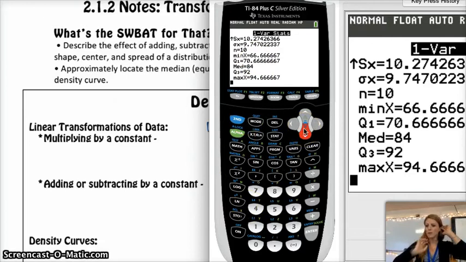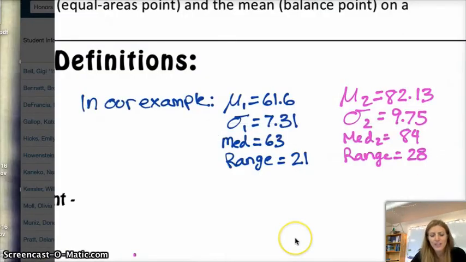So we want to look at how those numbers compare. I'm going to write those down so we can take a look at that. Taking a look at the difference between the numerical summaries of the two lists, you'll notice that the mean that was 61.6 turned into an 82.